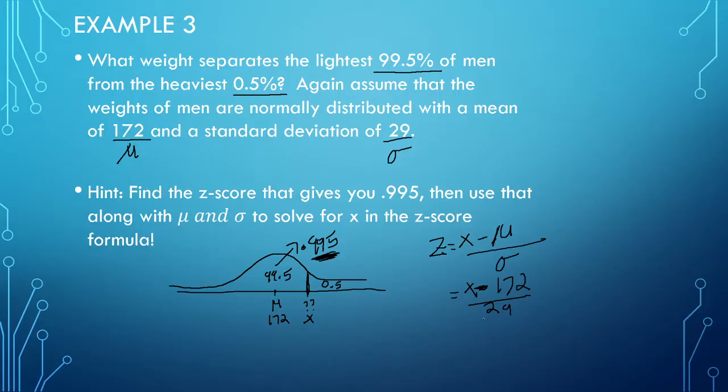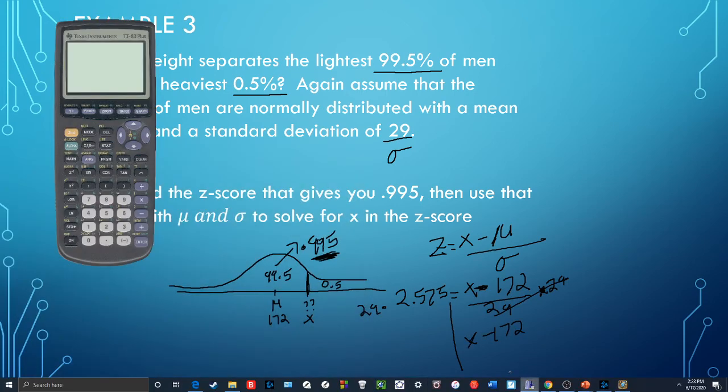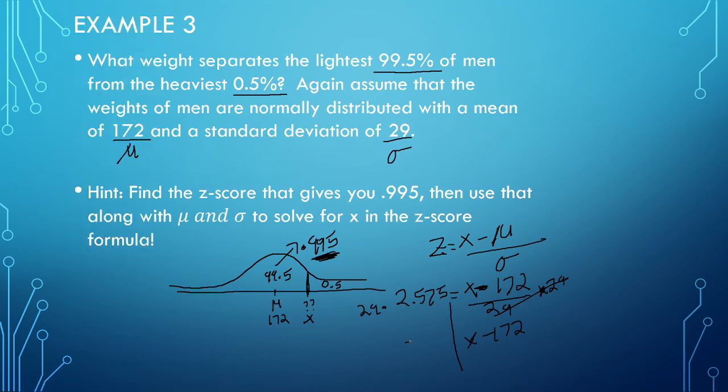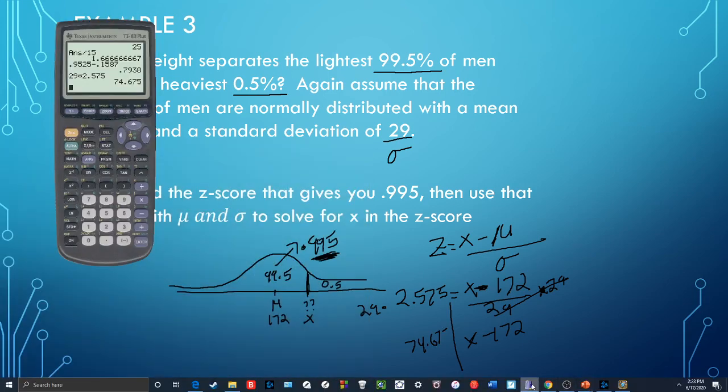So my z-score then is 2.575, and then this just becomes an algebra problem. Multiply by 29. That's a times symbol, by the way, not an x again. Multiply both sides by 29 to get rid of the division. We get x minus 172, and then here we have 29 times 2.575, and we get 74.675.